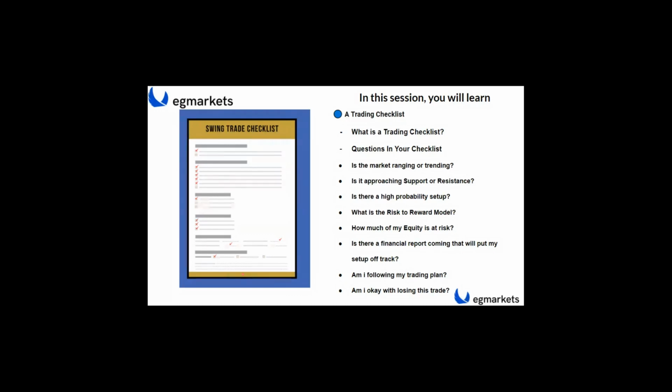So you know how much of your equity you are putting at risk for just that one trade. That's how you get it. Now, you've asked yourself 6 questions on how much of your equity you're putting at risk.